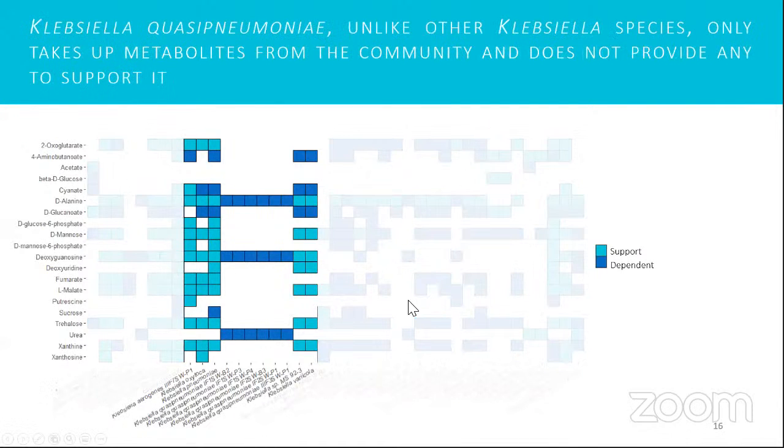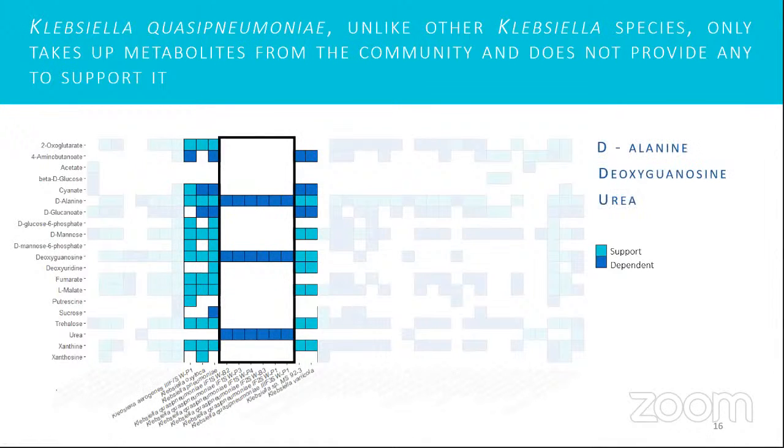On closely looking at the Klebsiella genus, what we observe is that, unlike the other species such as Klebsiella aerogenes, Klebsiella oxytoca, and pneumoniae, Klebsiella quasipneumoniae seems to only be dependent on many of the metabolites, such as D-alanine, deoxyguanosine, and urea, and does not provide any of the metabolites to support the community.